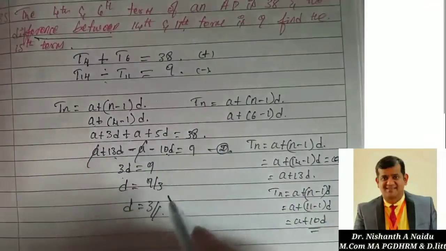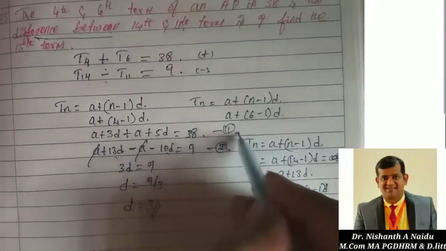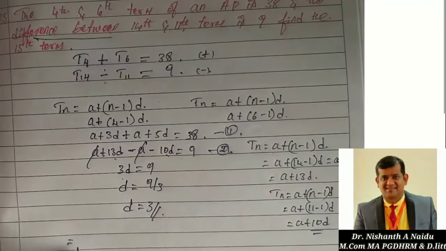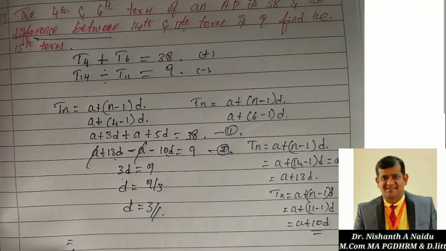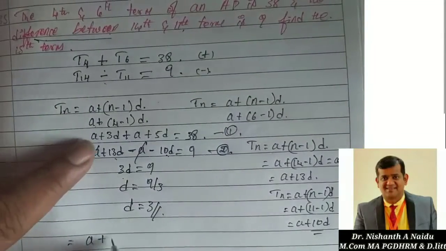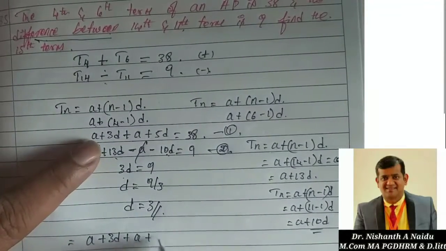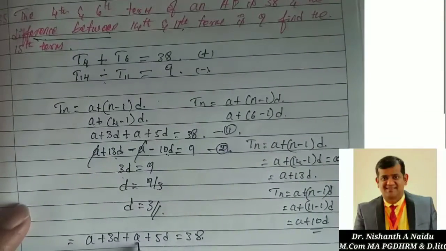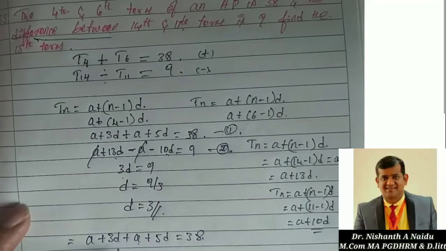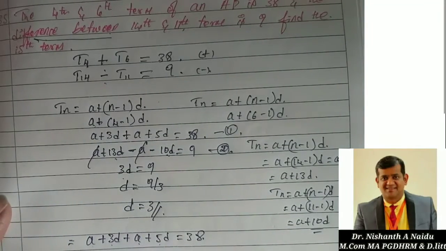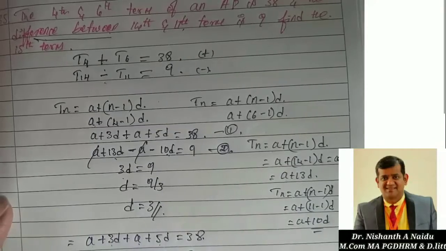Now this is equation 1, so let us use equation 1. That is a plus 3d plus a plus 5d equals 38. That is a plus a, 2a, plus 3d plus 5d, 8d, equals 38. So this is equation 1 we took.